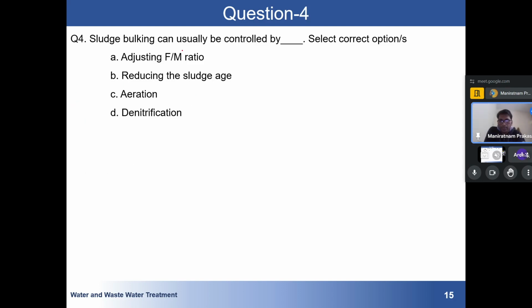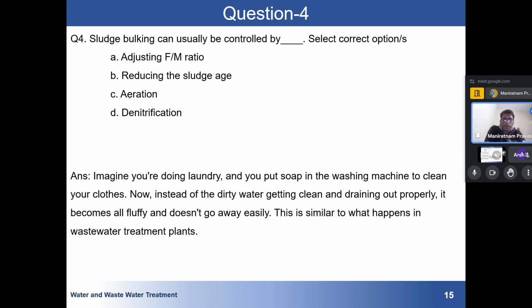Sludge bulking can usually be controlled by... but before going to the question, first you have to understand what sludge bulking is. I will explain it with a personal experience that you might encounter in your day-to-day life. Imagine you are doing laundry and you put soap in the washing machine to clean your clothes.